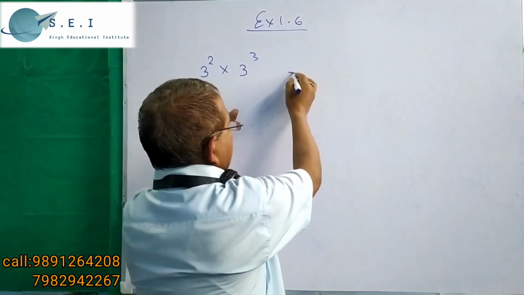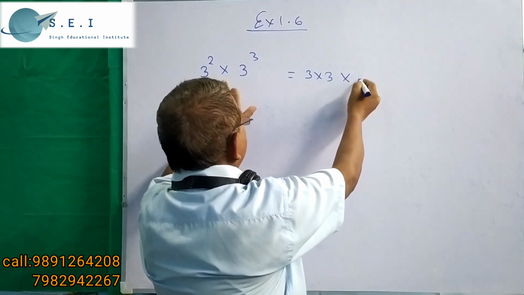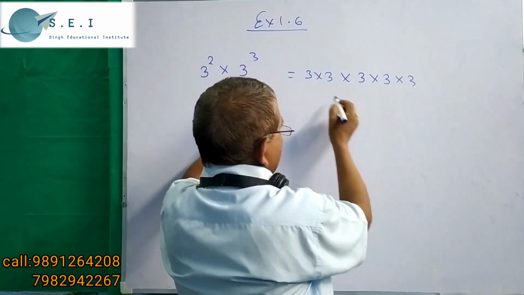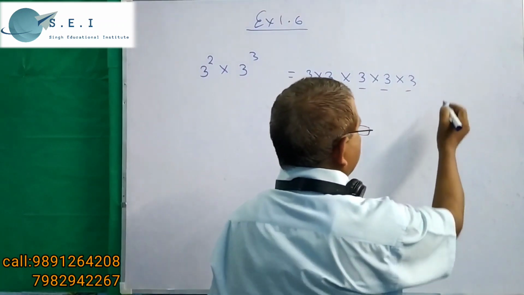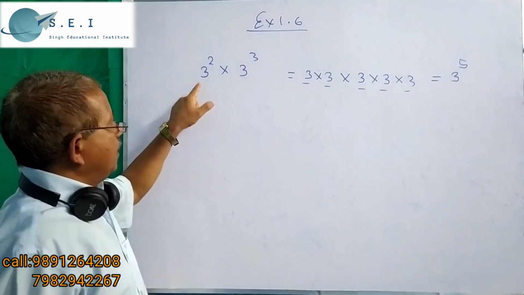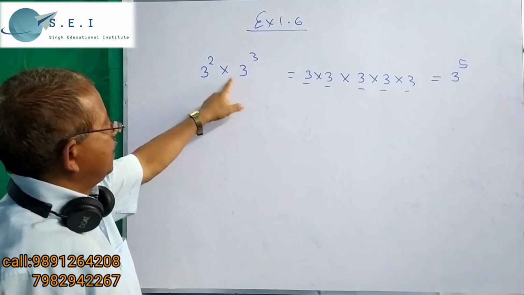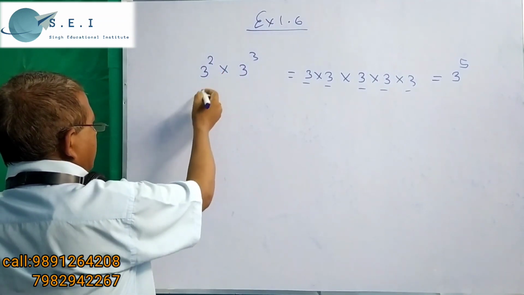So 3 is multiplied 2 times, 3 into 3, multiplied by this 3 which is multiplied 3 times. Collectively, we can write 3 is multiplied 5 times, which is 3 to the power 5. It means if the base is same, exponents can be added in case of multiplication.